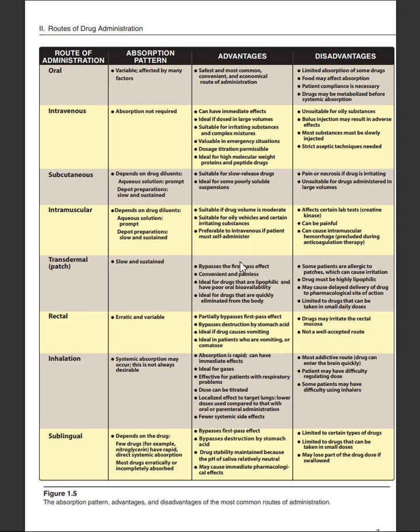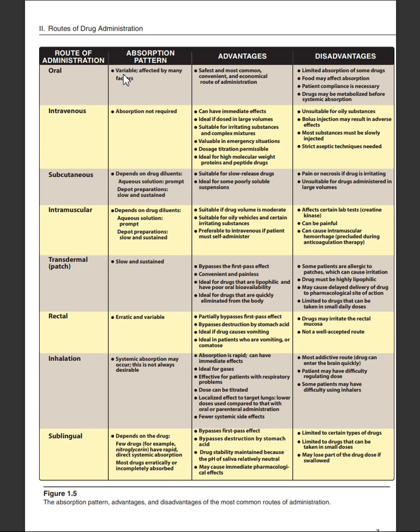This is a summary of everything we have talked about. It has route of administration, absorption pattern, advantages and disadvantages. It also has the systemic classification. But now we are done with oral, so let's see what is there for oral.